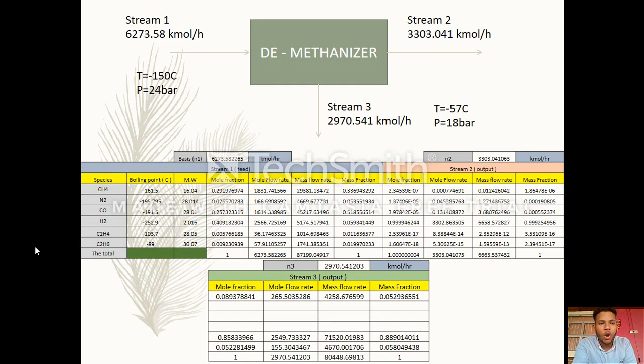All of them actually evaporate, but with different compositions. The methane, ethylene and ethane go out in the liquid stream. The mole flow rate for the liquid stream is 2097, with a temperature of minus 57 and a pressure of 18 bar.